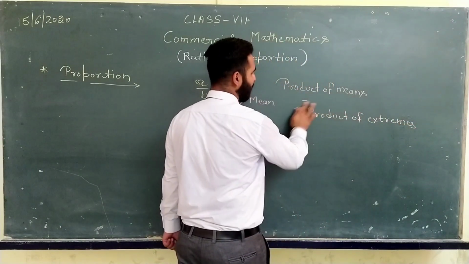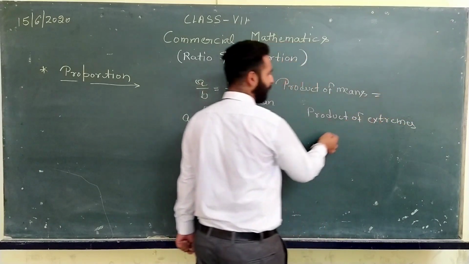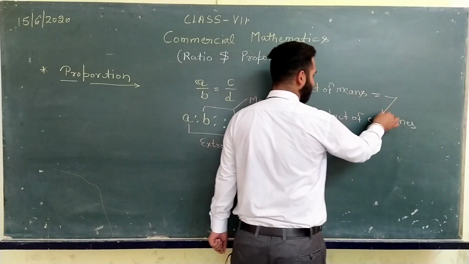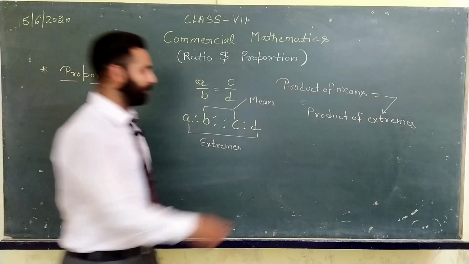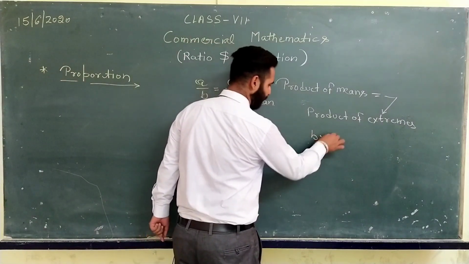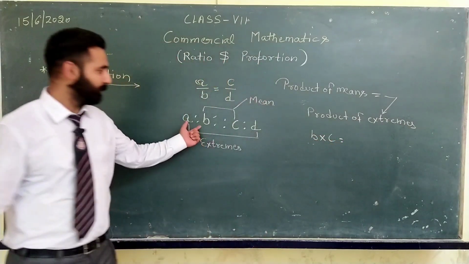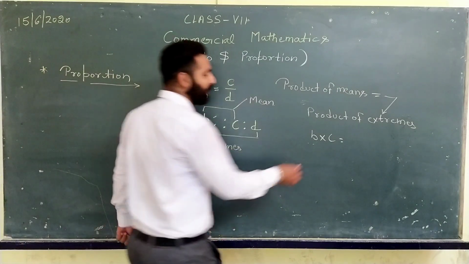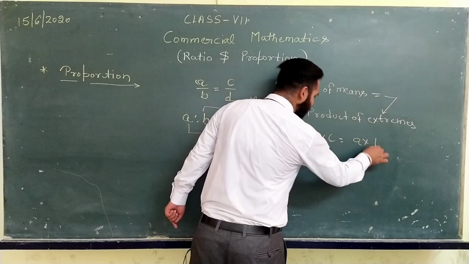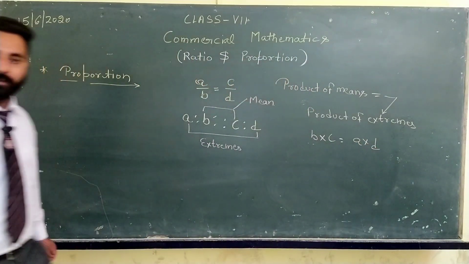Product of means, B into C, is equal to product of extremes, A multiplied by D.